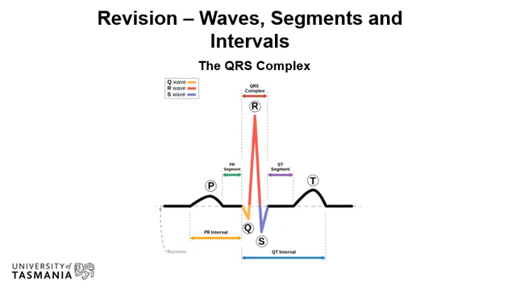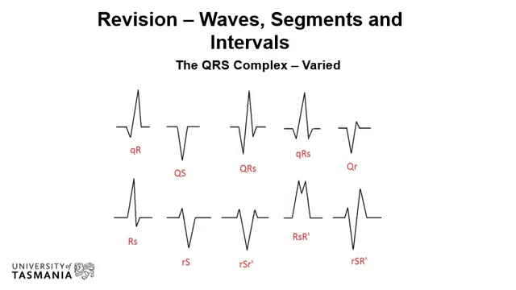The Q wave represents left to right septal depolarization. Q waves are typically seen in the left-sided leads 1, aVL, V5 and V6. The QRS complex may have varied morphologies. So, some nomenclature of the QRS complex.